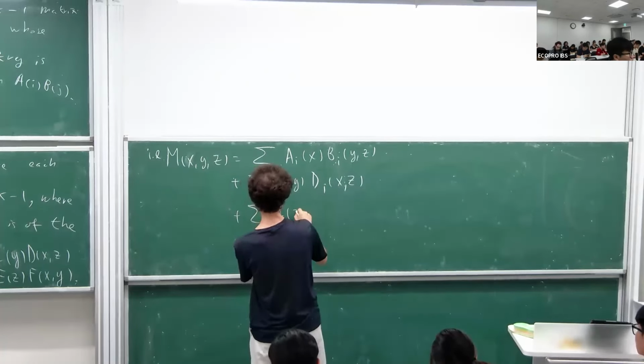Now let's prove the lemma about tensors. Proof of the lower bound. As a first step, I can assume that all of my diagonal entries are non-zero.